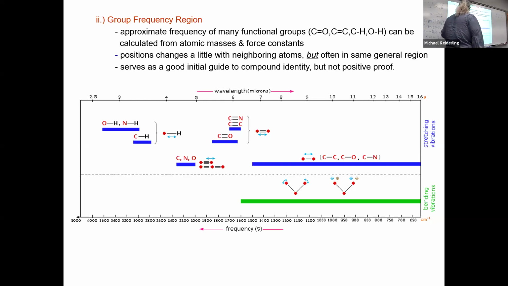So this is wave number. These are the various stretches: OH, NH, CH, CO, double bonds and triple bond stretches. Here are some CC, CO, CN backbone stretches, and the bending vibrations are also down in this region.